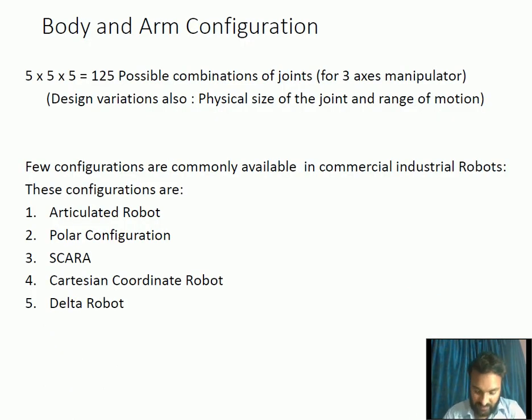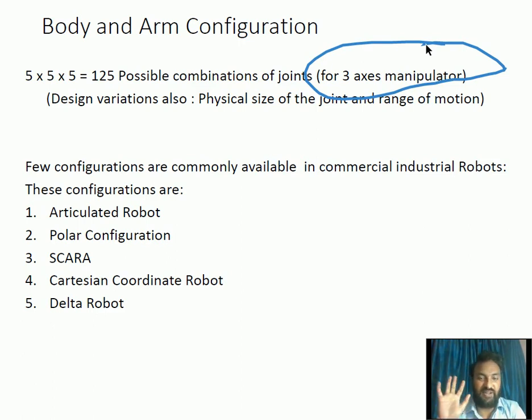As we have seen, there are 5 types of joints. If we are using a 3-axis manipulator, that is the body and arm assembly, it means 3 joints, and each joint can be made out of any one of the 5 joint types.